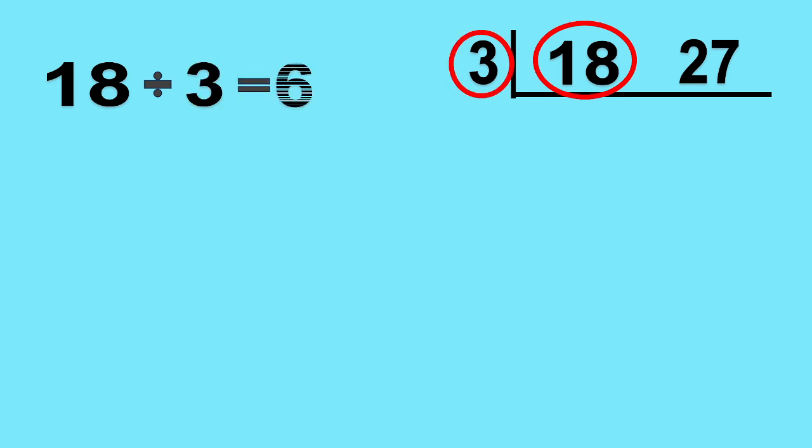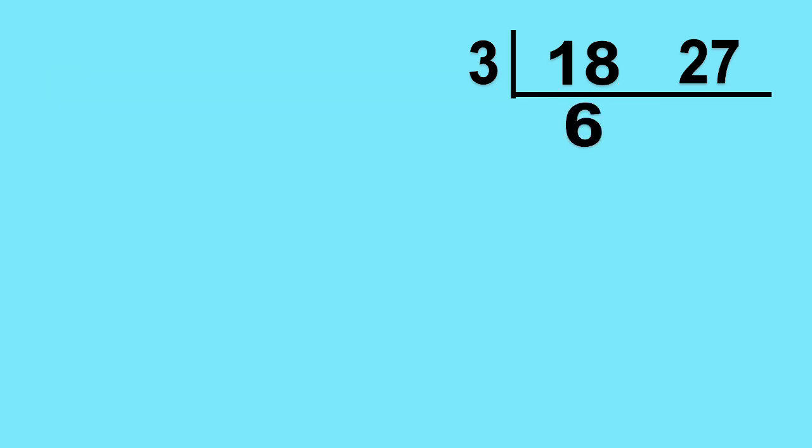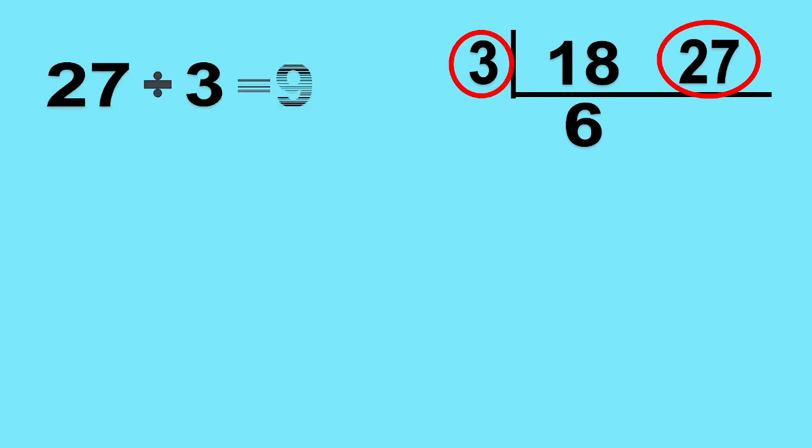So we are going to use 3 as our common prime divisor. Now, let's proceed to division. 18 divided by 3 equals 6. Next, 27 divided by 3 equals 9.